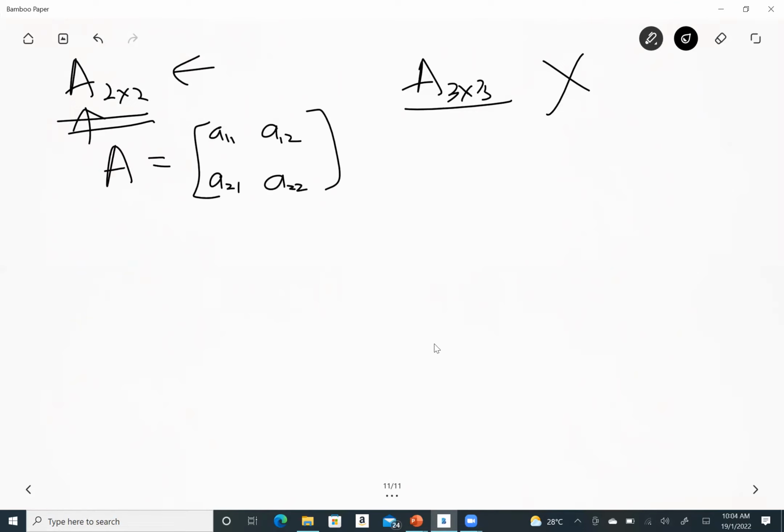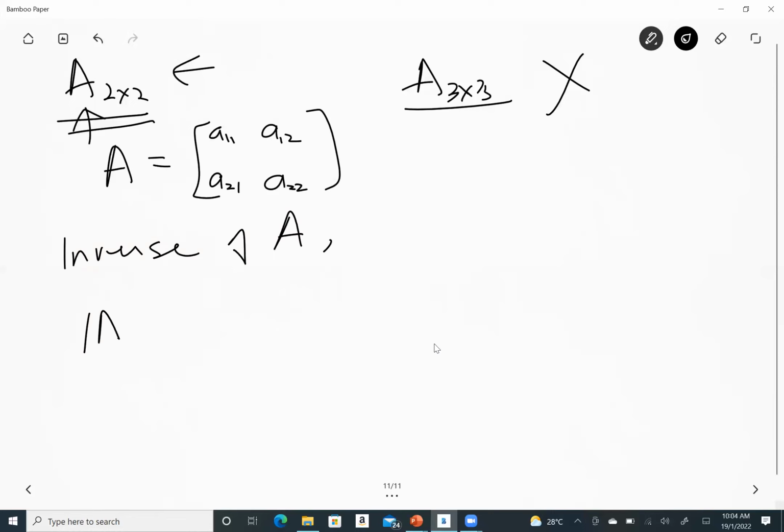No, I'm sorry, not determinant, inverse. The inverse of a 2 by 2 matrix A is denoted by A to the power of minus 1, but we don't say it that way. We call it the inverse of A. So that is the notation.